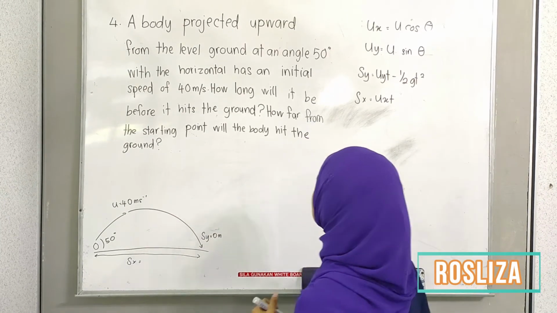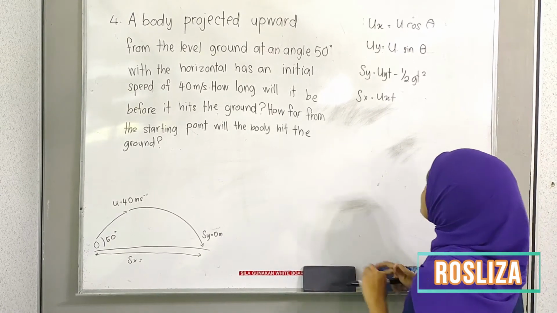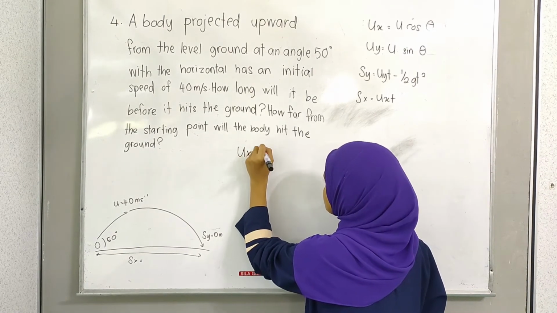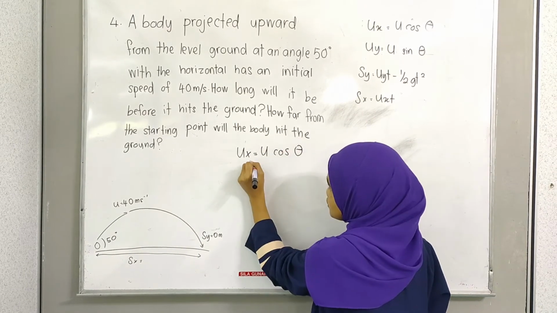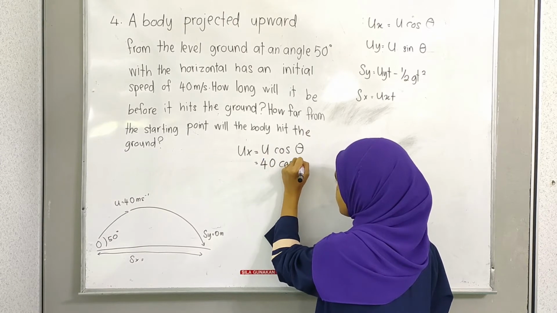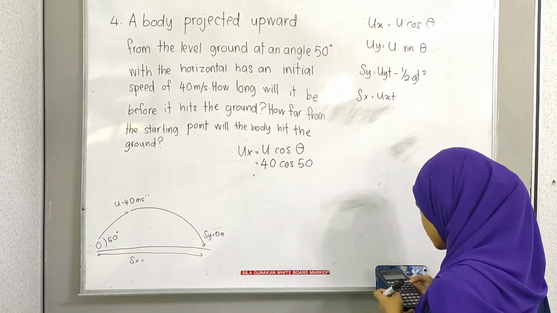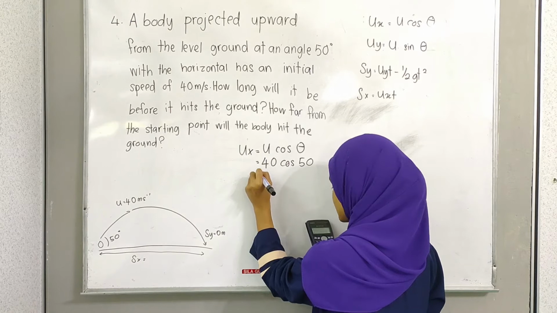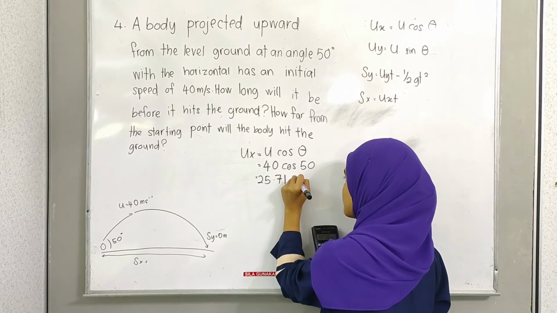Okay, first we need to find the ux using the equation ux equal to u cos theta, which is 40 cos 50. Ux is 25.71 m/s.